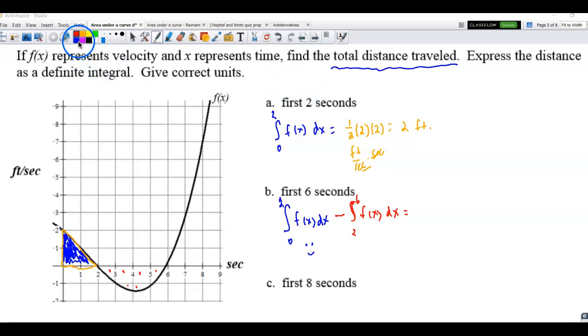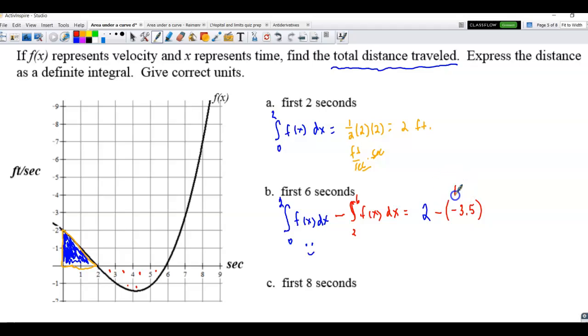All right, so remember from part A, we already had 2 feet traveled. Now we're going to subtract what we just found. So I had 3.5, and in this case, the blocks are 1 by 1s. So we're going to subtract negative 3.5.